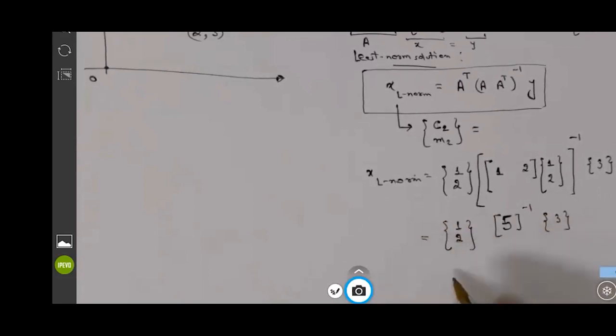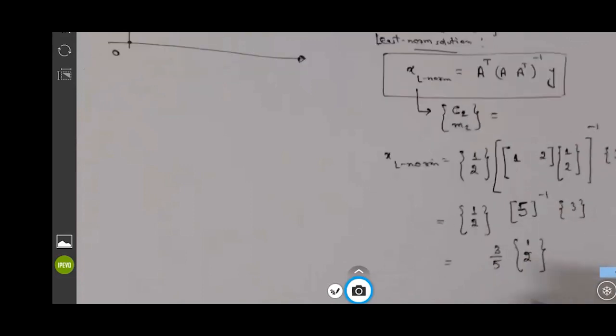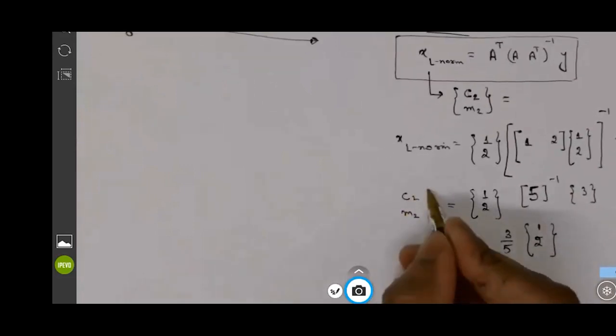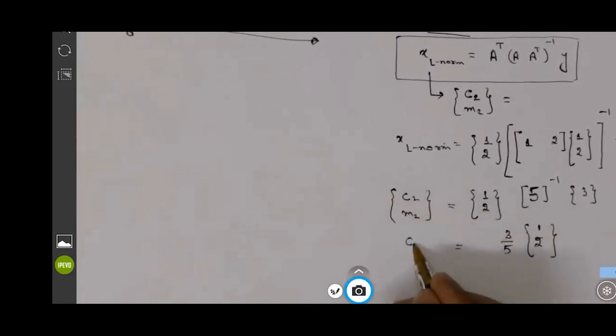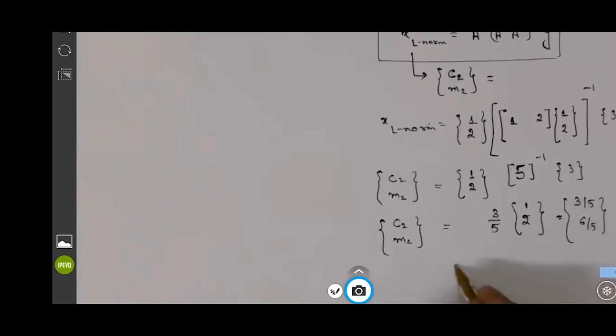So eventually what I'm getting is 3 over 5 times 1 and 2. That means my C2 and M2 are given by these numbers: 3 over 5, and this is 6 over 5. So your C2 is 3 over 5, and your M2 is 6 over 5.